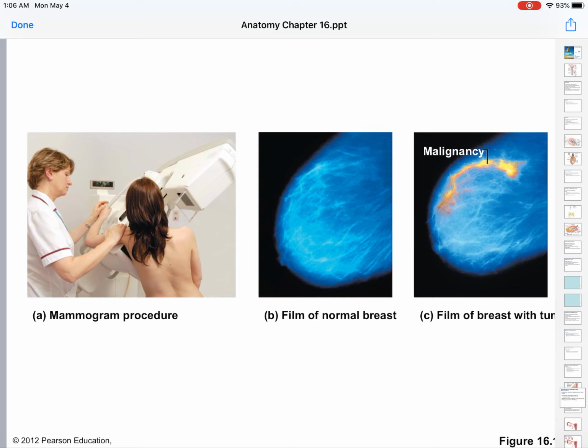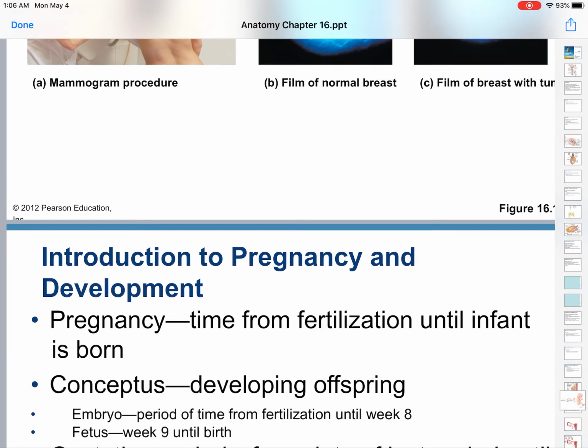If you have an odd look to that, then that means there's extra tissue growth there, and that is sometimes a sign of cancer or excessive tissue growth, whether malignant or benign.